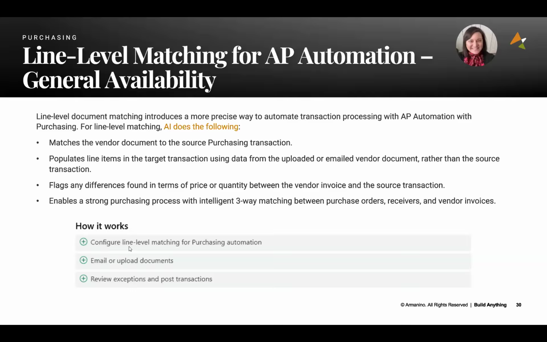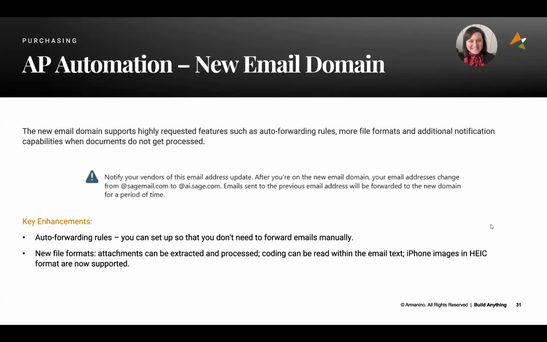And then you also need some configuration as well, and our consultants are happy to be standing by to help you enable this. The new email domain, you've got a new domain, and I will show you in a moment how to look at or find where those new email addresses are within your Sage Intacct environment.